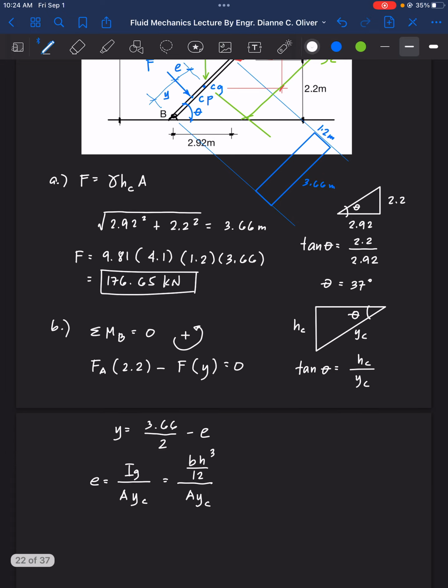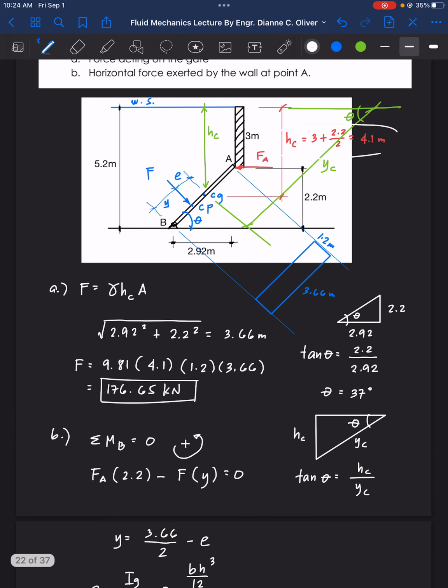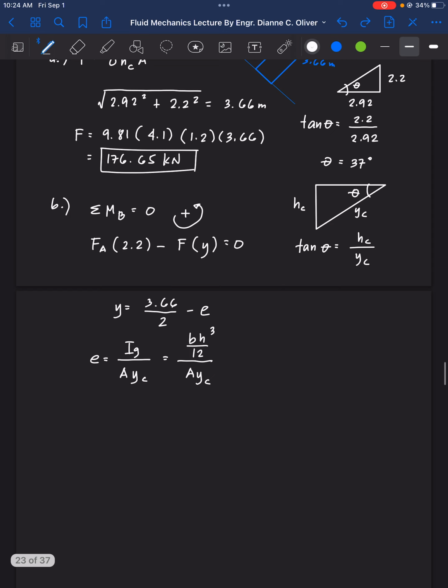A while ago, we were able to get the value for HC, which is 4.1. So tangent 37 is equal to 4.1 over YC.